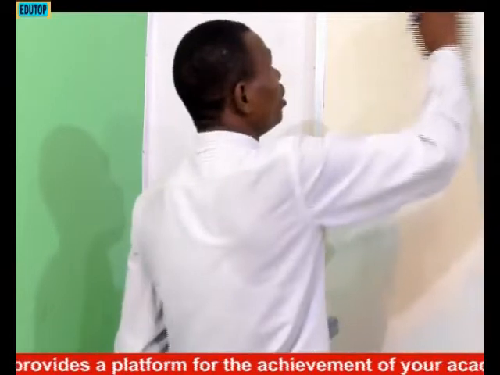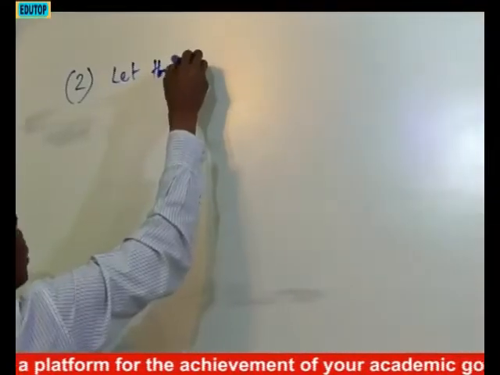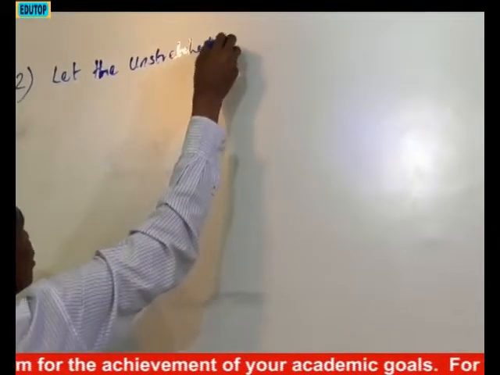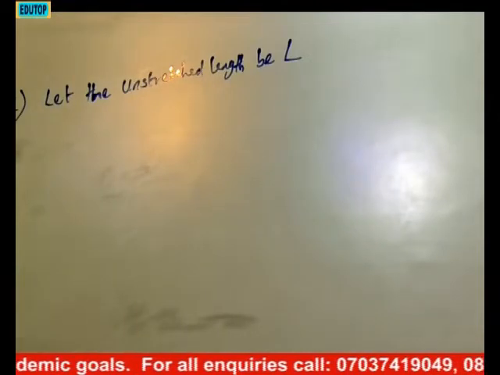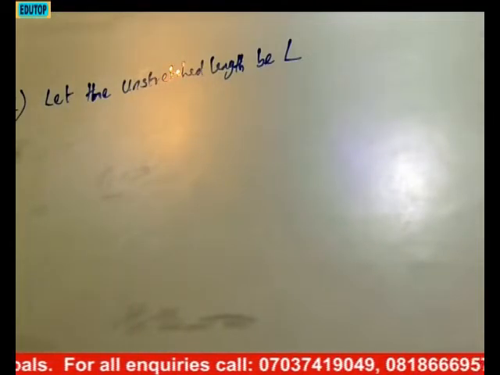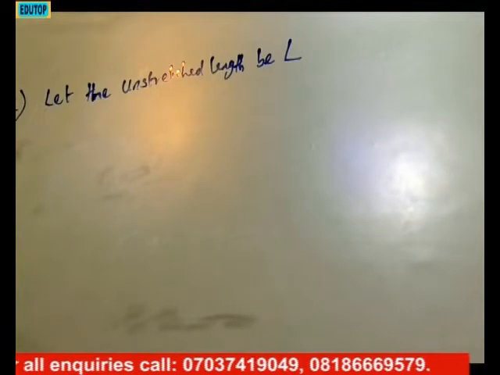This is going to be, let the unstretched length be L. Instead of using the word unstretched, you can also use the word original length, the initial length. Let it be L.